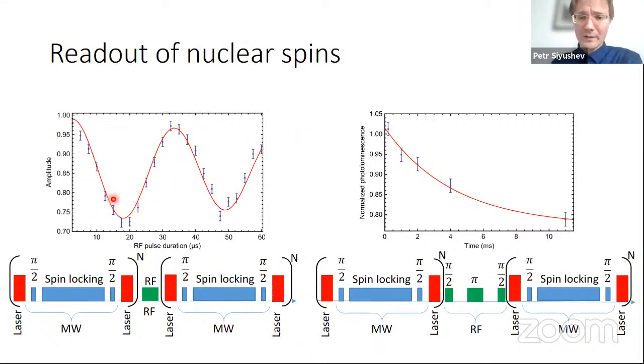Once we define the pi and pi over 2 pulse, we can again measure the spin echo decay for our nuclear spin, which results in approximately 5 milliseconds. And this is not a coincidence that our T1 time of the electron spin is also around 5 milliseconds. This is actually the main limitation for the coherence of our nuclear spin.